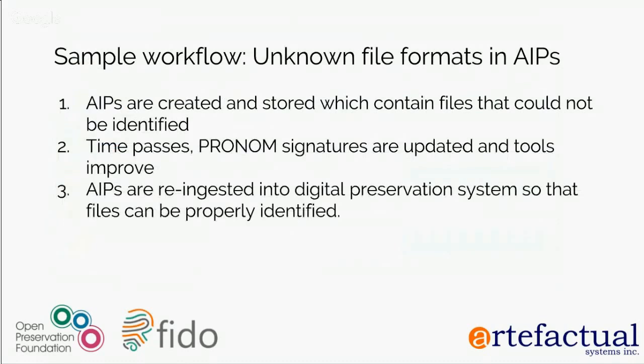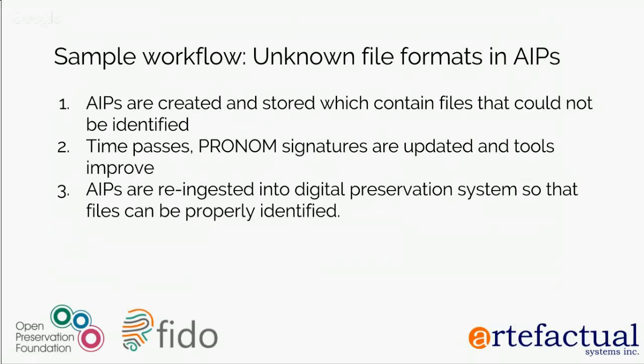So this is another example of a workflow that I'll describe in the way that Archivematica is going to employ it, but you could certainly think about the way that it would be implemented in a different digital preservation system or just by a manual way of managing archival information packages. So suppose in the last scenario, the archivist were unable to definitively identify some of the files, but chose just to create an archival information package and store it for such time that those files could be identified.